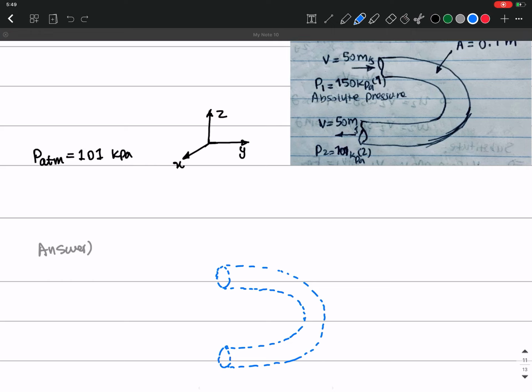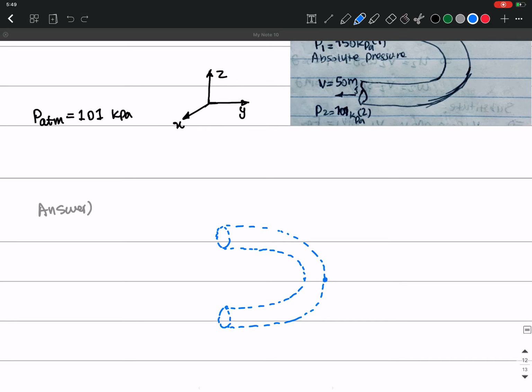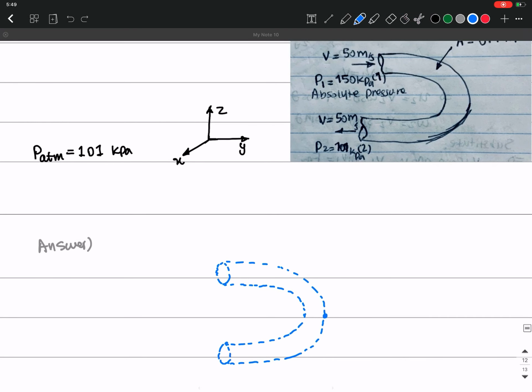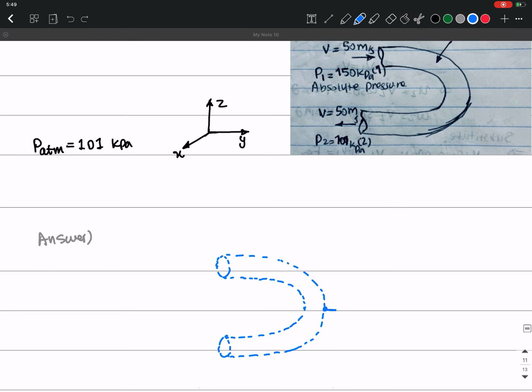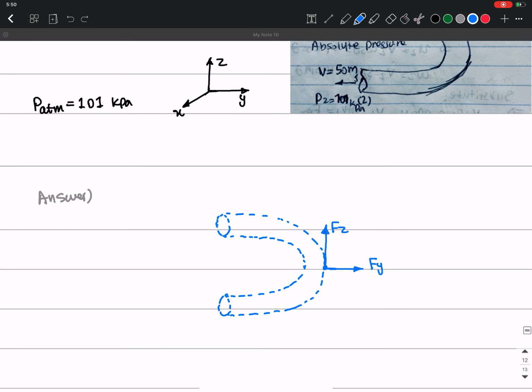Okay, so first of all, we have this coordinate system here. So based on that, I write the names of the forces. So we have Fy in the y direction. The second one is in the z direction, or vertical direction, which I call Fz. And then I have the force in the x direction, which I call Fx.